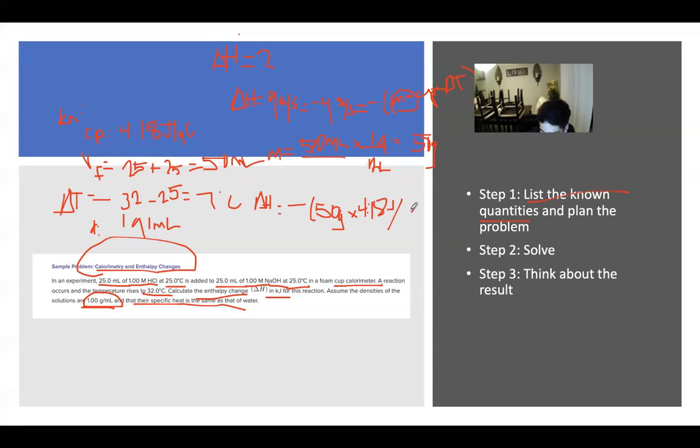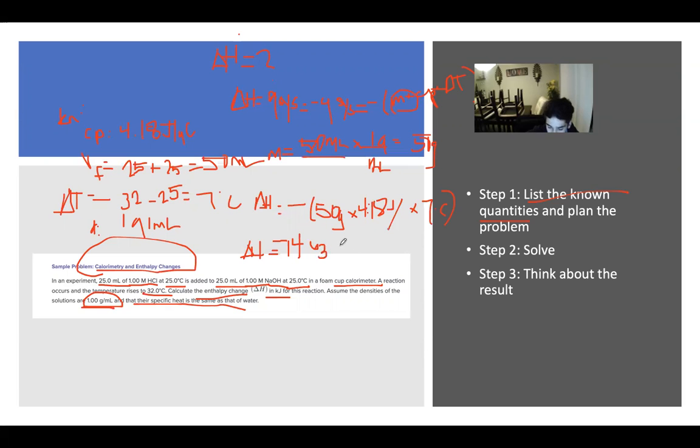Times your temperature change, 7 Celsius. And once you do that, you are able to get your heat as 1463.